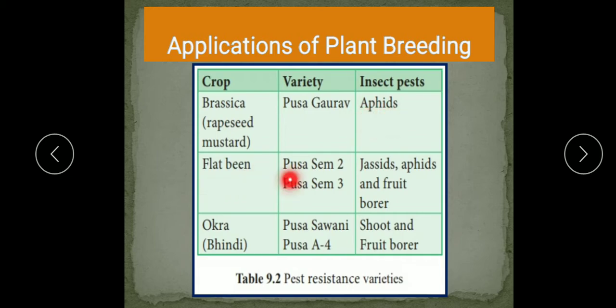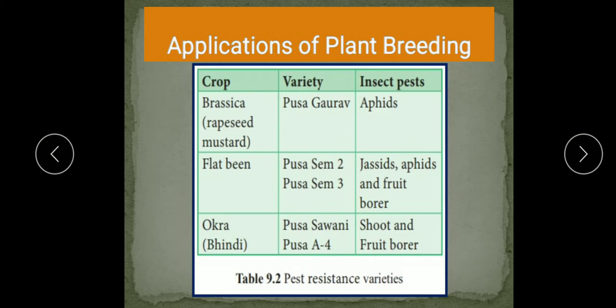Flat bean Pusa Sem 2, Pusa Sem 3, is resistant to jassids, aphids, and fruit borer. Then okra, its varieties Pusa Sawani, Pusa A4, are resistant to shoot and fruit borer. So these are all varieties of crops that are resistant to these insects or pests.